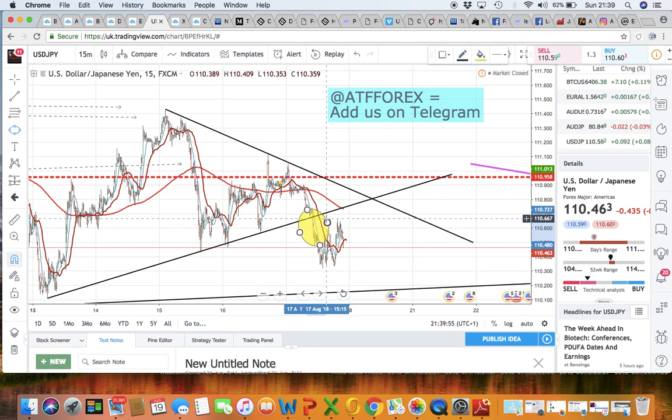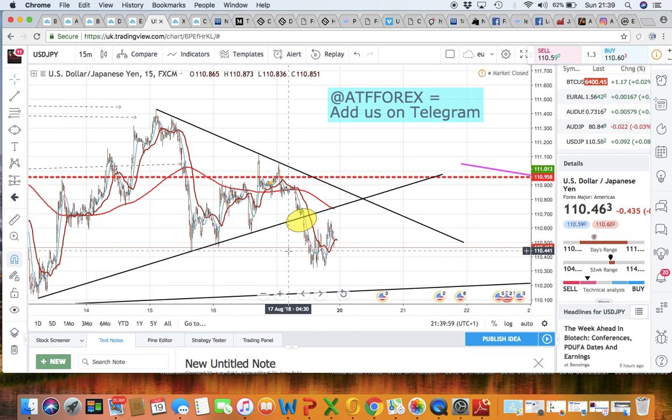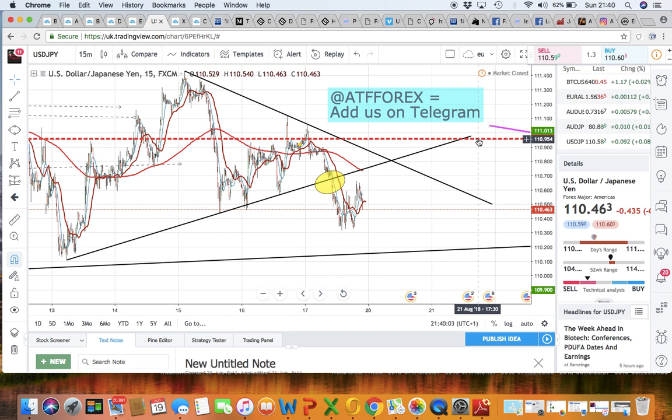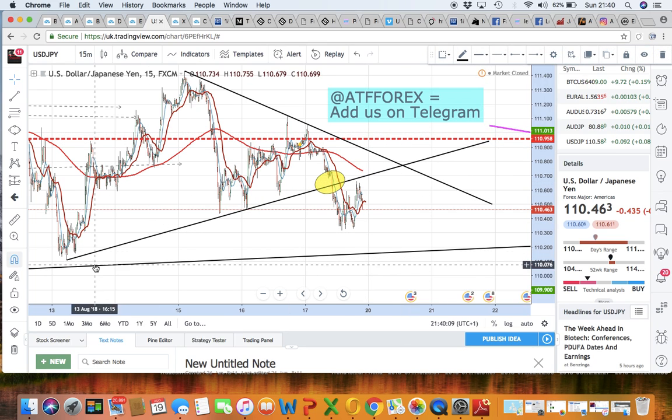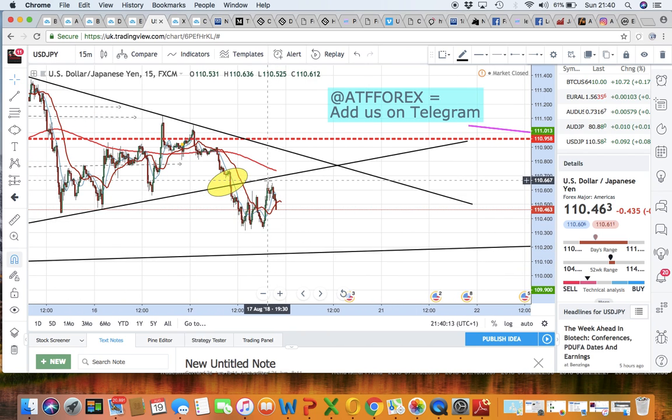So we've got a trend line break. Draw this right on the edge of the wick. So we've got a trend line break right there. We've got a retest. I would still class that as a retest. We were just a few pips off and we failed to actually get above. So we've got a bearish corrective structure happening right now.